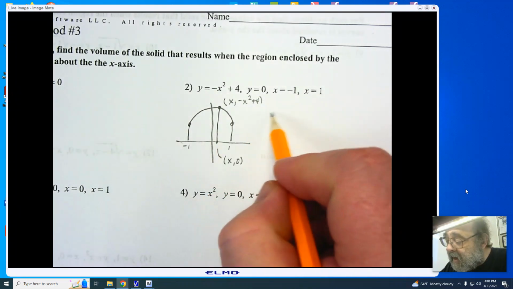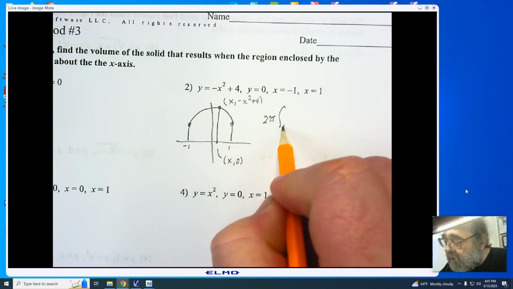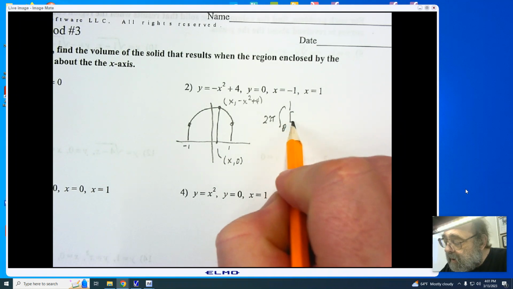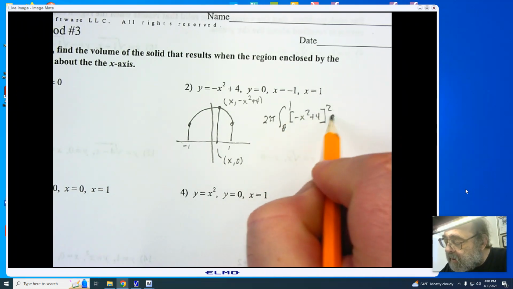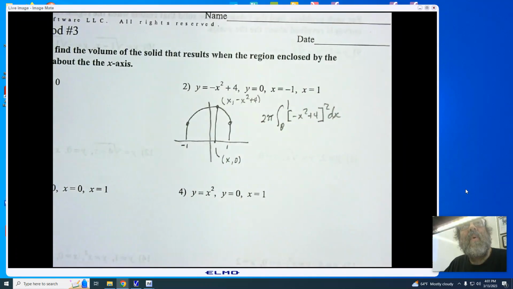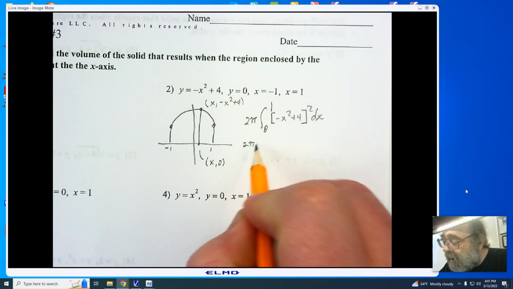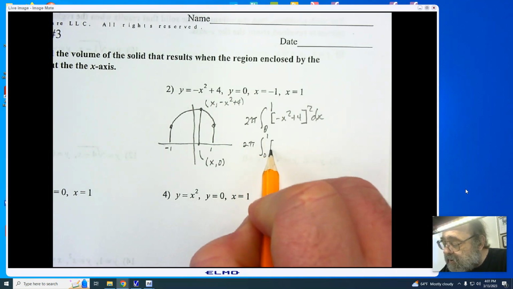I know that if I'm doing the even property, I have 2 pi, and I'm going from 0 to 1, and I have this -x squared plus 4, the quantity squared dx. And this is what I'm going to work with. So I'm going to have 2 pi. I'm integrating after I distribute, so let's distribute first.